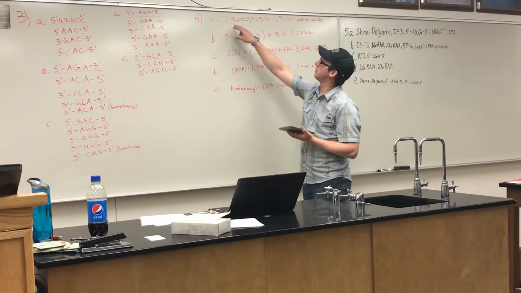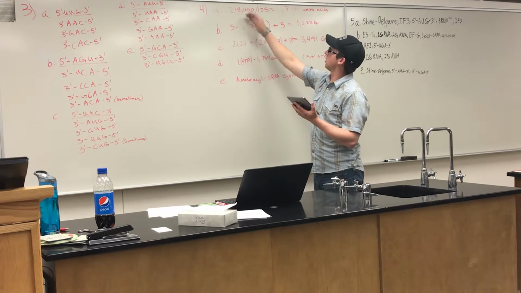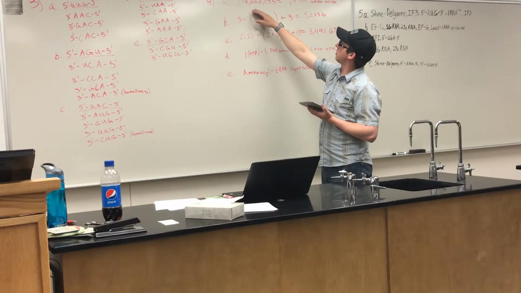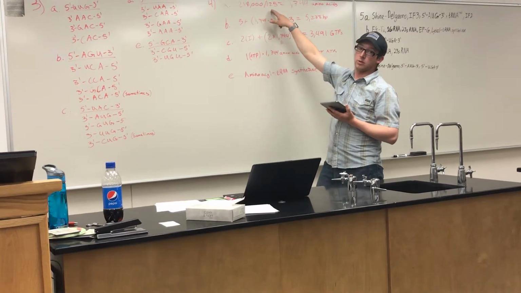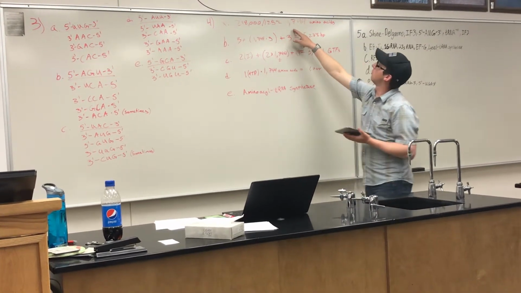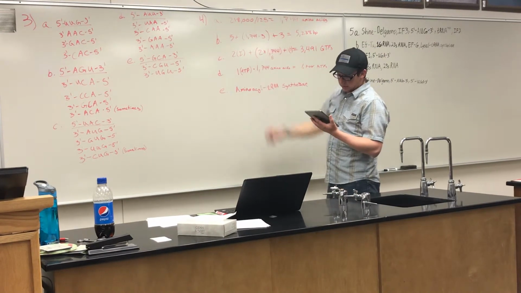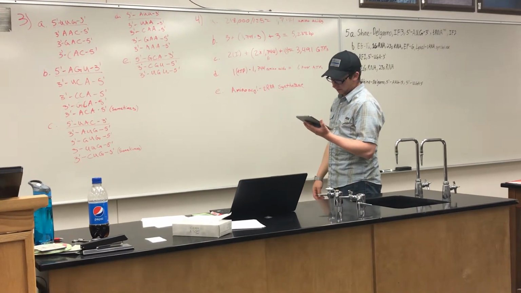To do that, we have 218 kilodaltons, which turns out to be 218,000 daltons, divided by the 125 daltons that each amino acid weighs. It gives us a total of 1,744 amino acids. For B, it asks what is the length of the coding region.